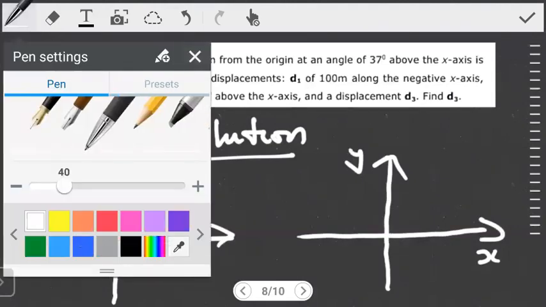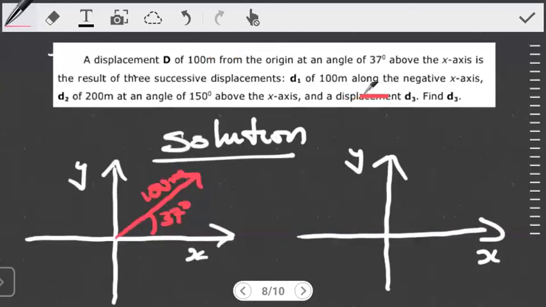For this one, what are they saying? It is 100 meters along the negative X. This is positive X along this line, negative X is along this line. So they're saying this vector D1 is 100 meters along the negative X, meaning that we have no angle here.